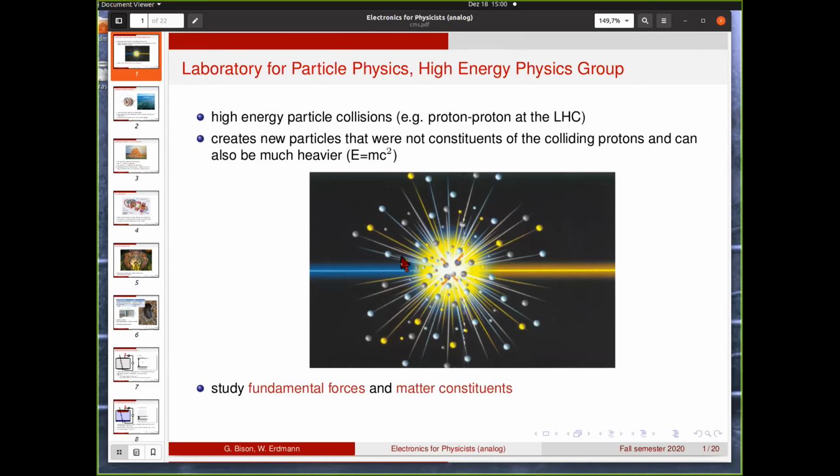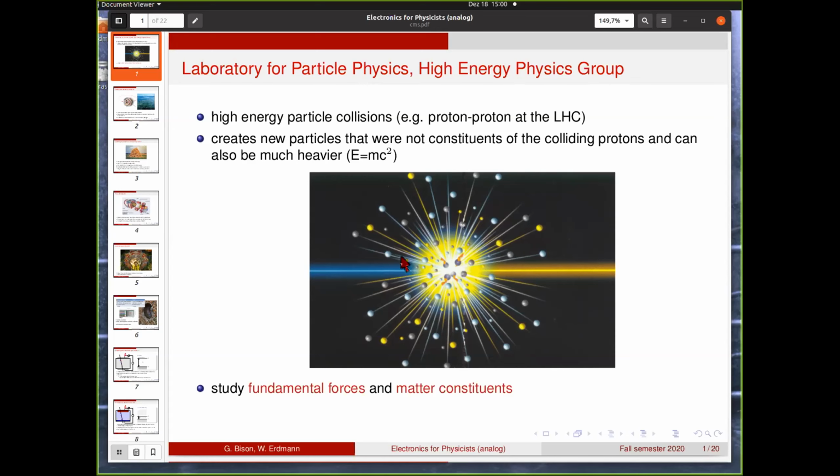So this is, of course, you've seen E equals mc squared. So if you pump enough energy into such a process, you can create particles that are much heavier than the proton. So the mass of these particles can go in principle up to the beam energy of the LHC. And the purpose of this is to study the fundamental forces and the constituents of the matter around us.